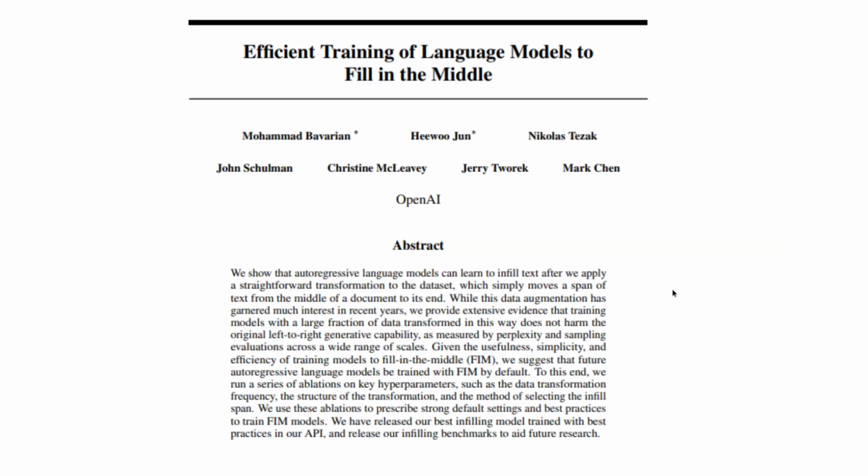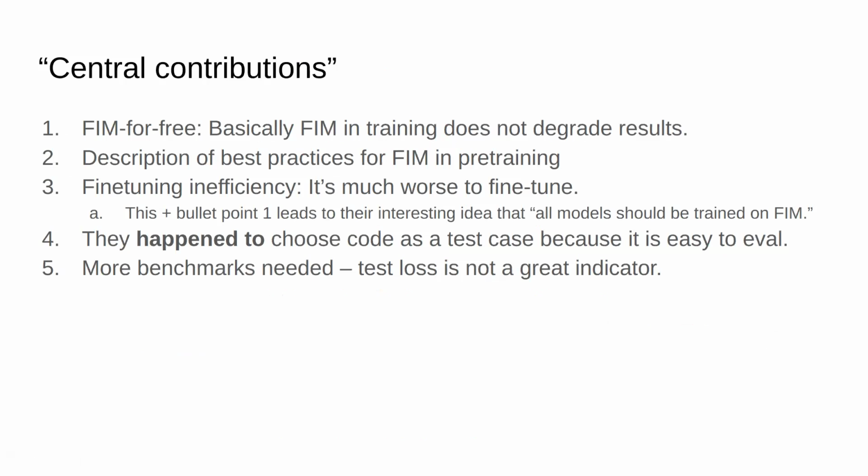This is the abstract, but I have some really interesting points that they make. Number one is the FIM for free principle. Again, this is 2022. Based on this paper's results for a couple of different model sizes, FIM as part of the training regimen does not degrade non-FIM quality outputs.